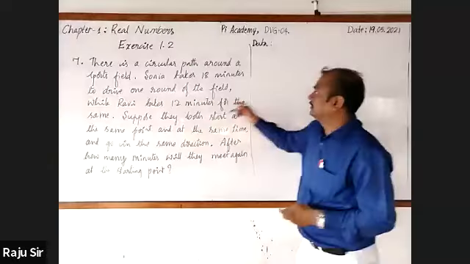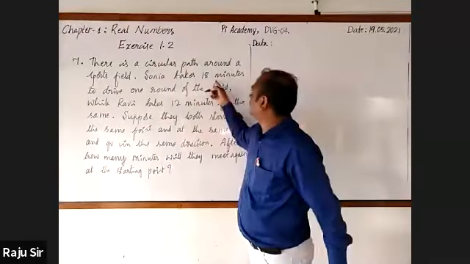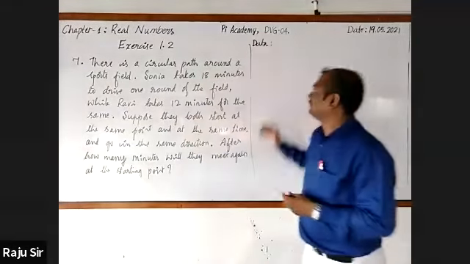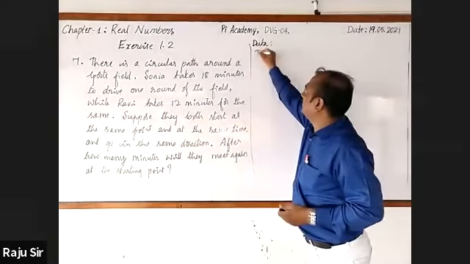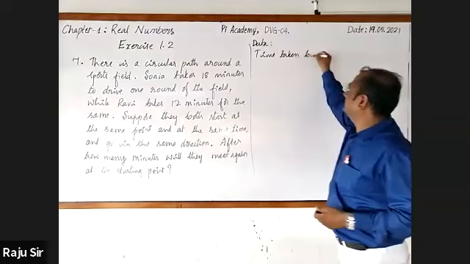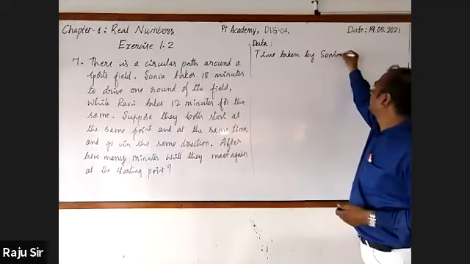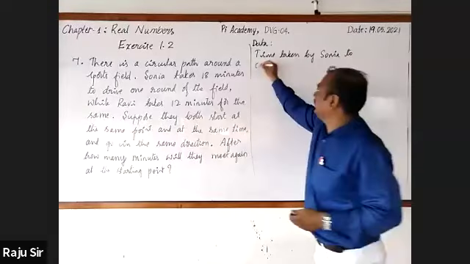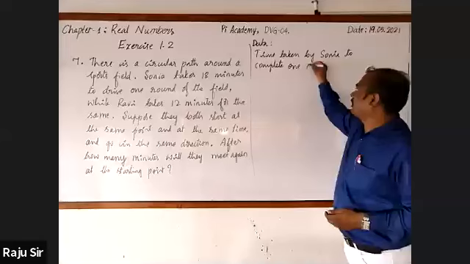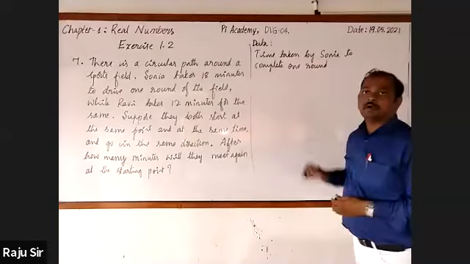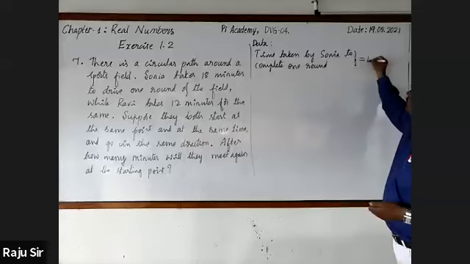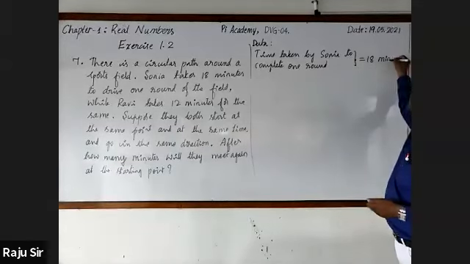Sonia will take 18 minutes to complete one round around the field. Time taken by Sonia to complete one round around the field, that is equal to 18 minutes.